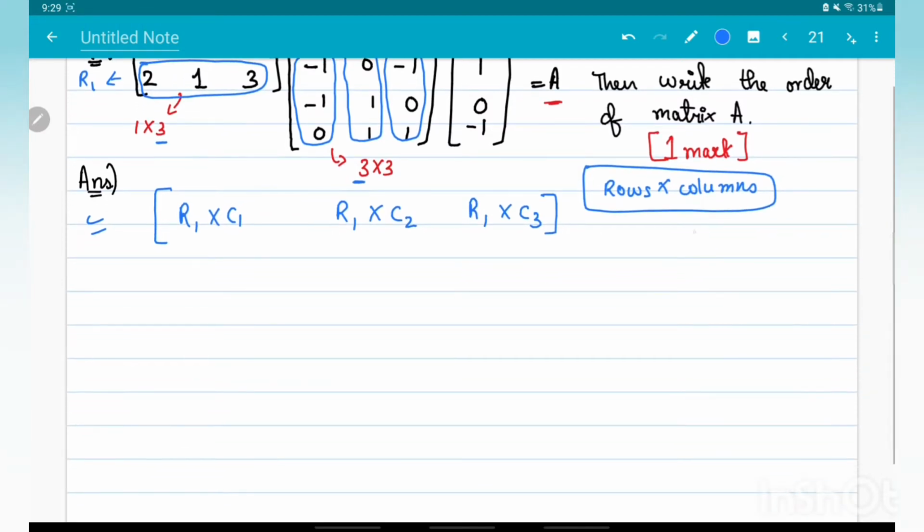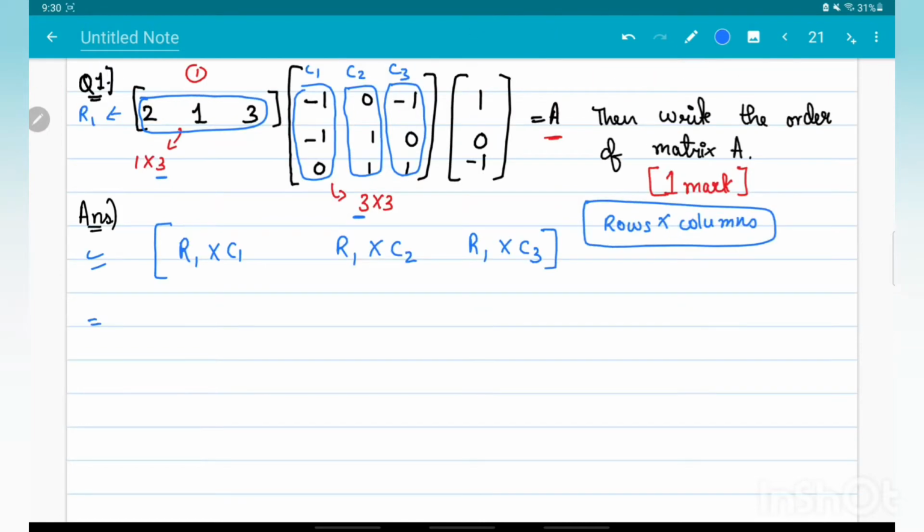Okay, so that is what we are going to do here right now, and whenever we multiply, we multiply the first element with the first element, the second element with the second element, and the third one with the third element. So when we multiply the first row and the first column, the first element of the first row will be multiplied with the first element of the first column. That is, 2 will be multiplied with -1.